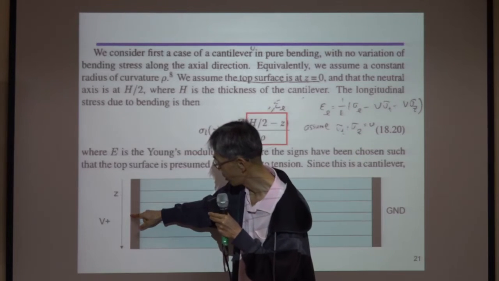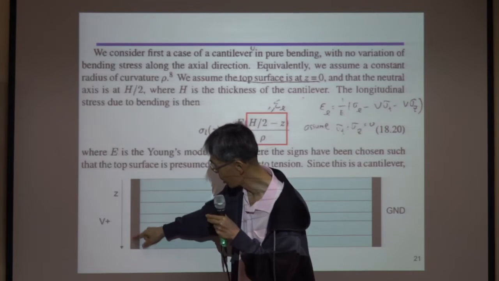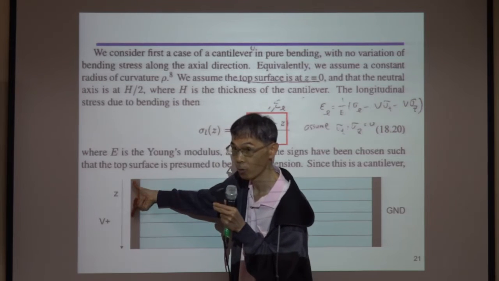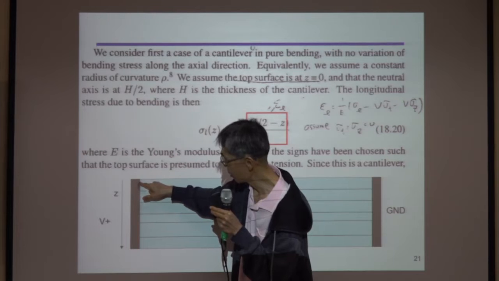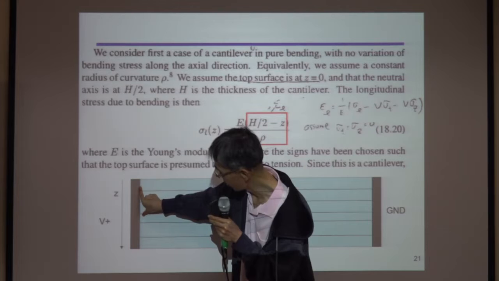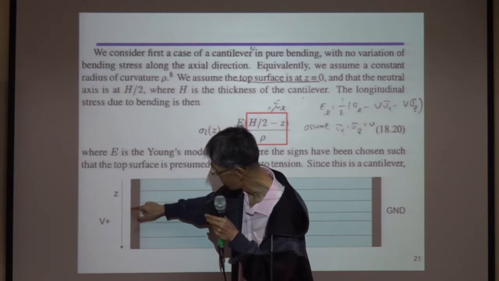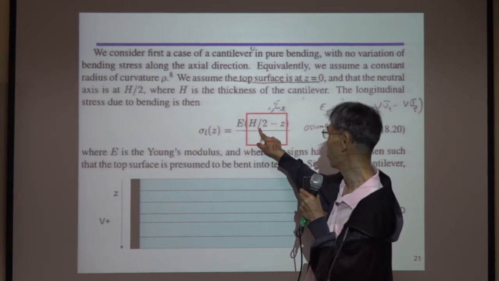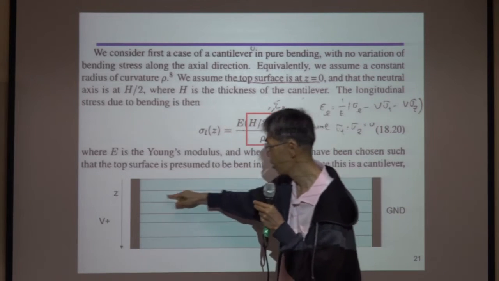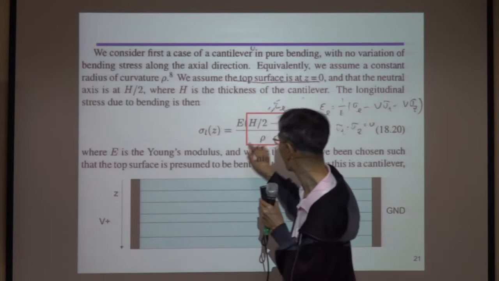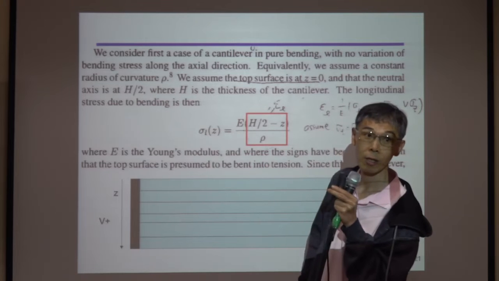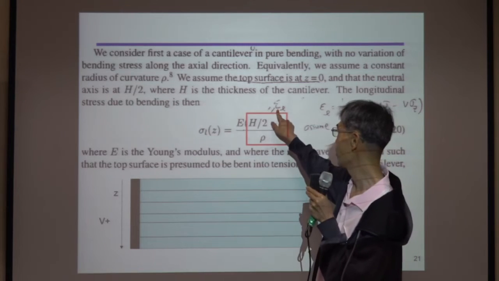So this is the center, and the total thickness is H, so this is H over 2. If we consider this point, the distance to the center is H over 2 minus z, where z is the Z coordinate. So the distance to the center divided by curvature is the strain term.